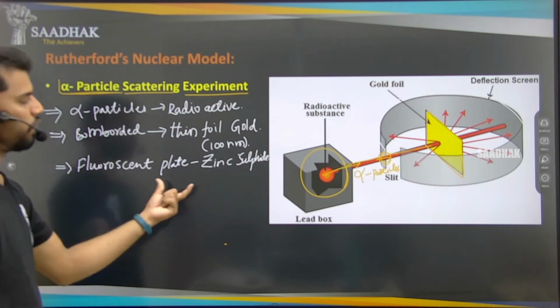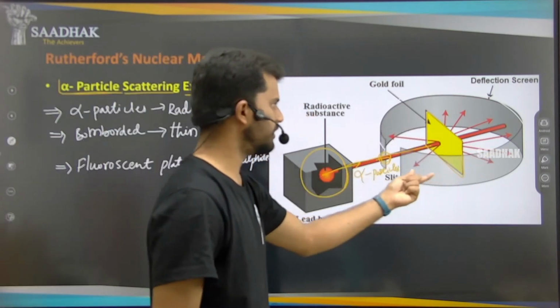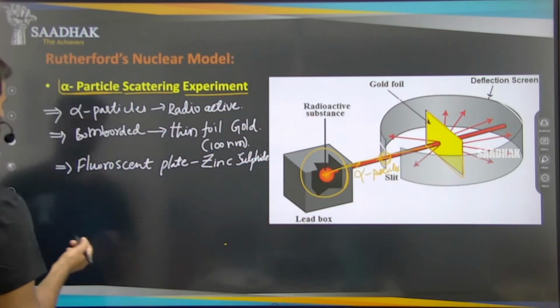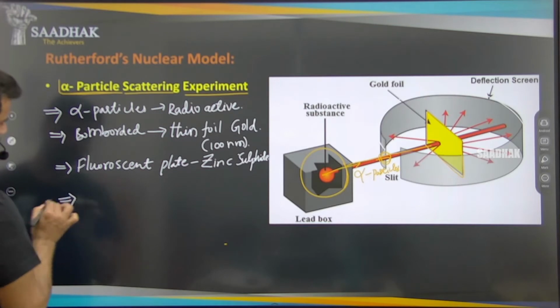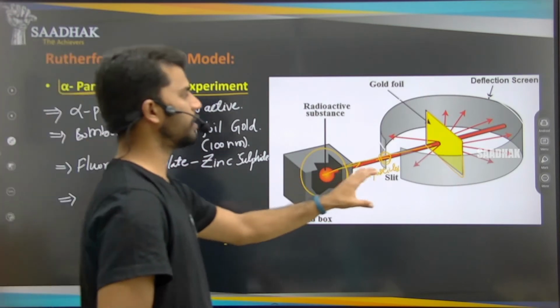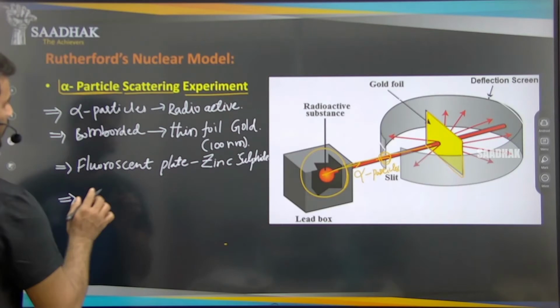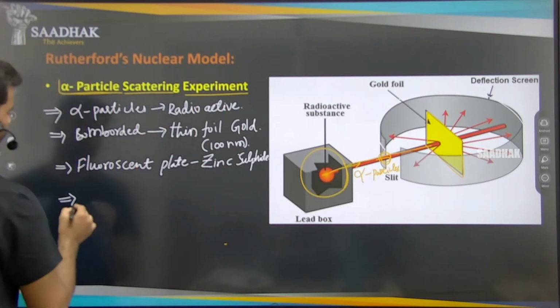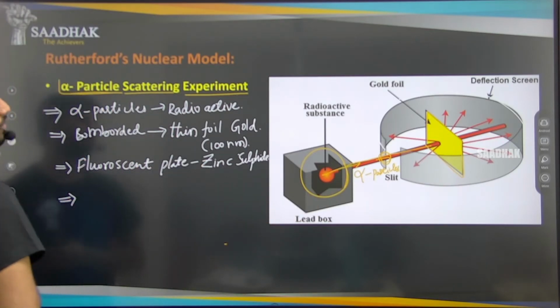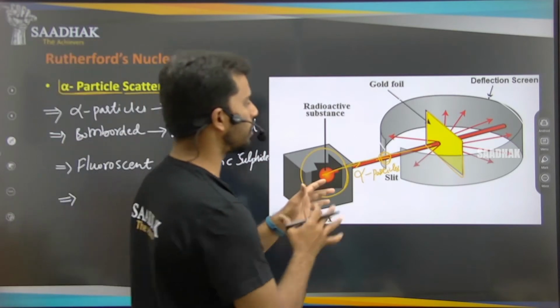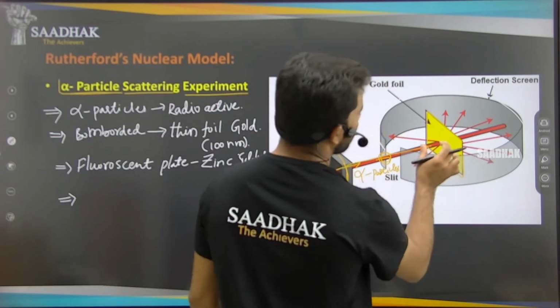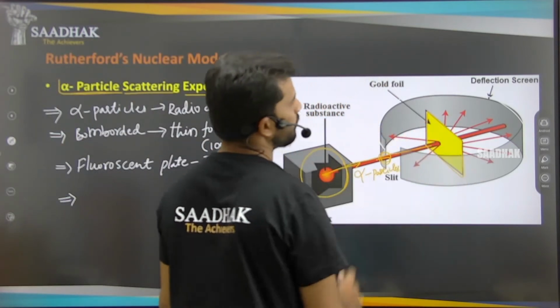And this fluorescent plate he arranged in this manner. So while performing this experiment, what happened? He observed the movement of these alpha particles. Okay, how these alpha particles are behaving when they are bombarding this gold foil.